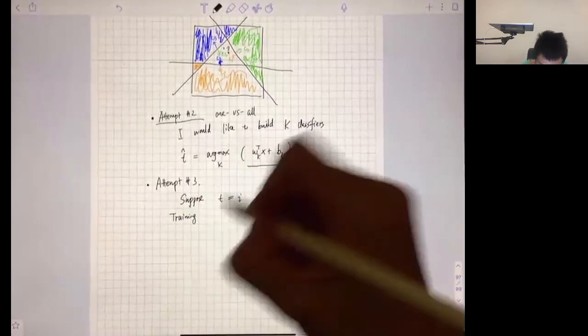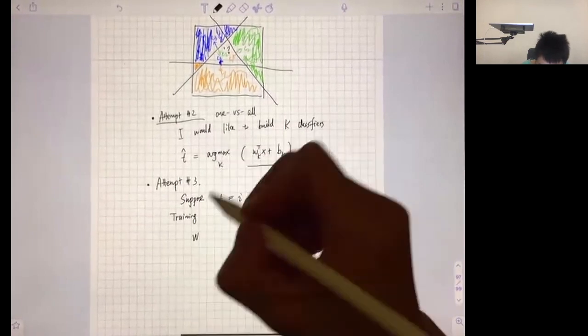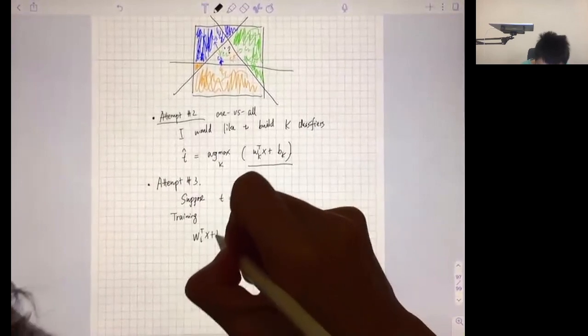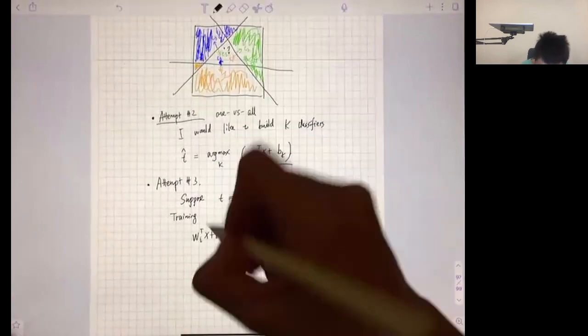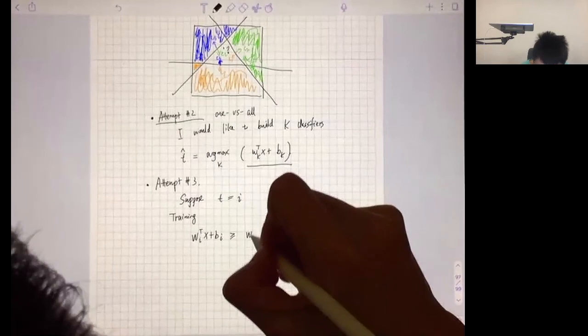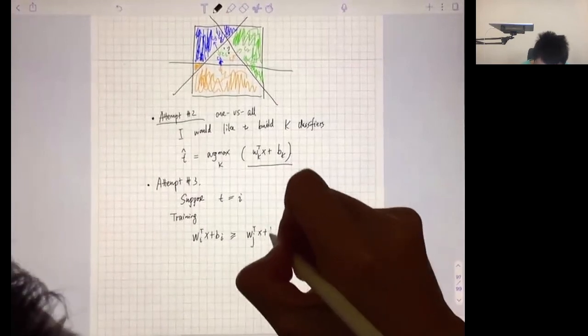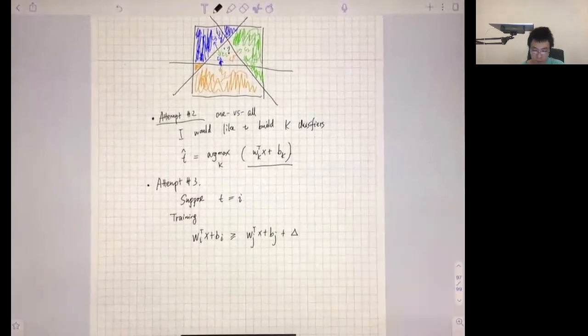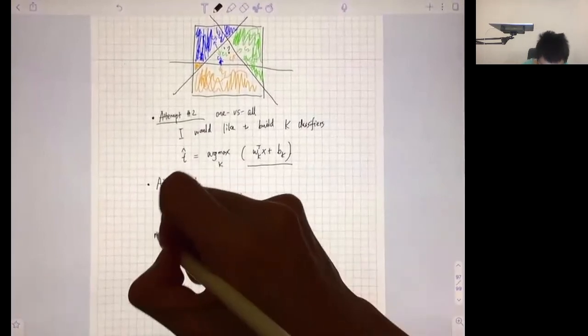I would require my WI transpose X plus BI to be greater than or equal to WJ transpose X plus BJ plus a margin, okay, required.